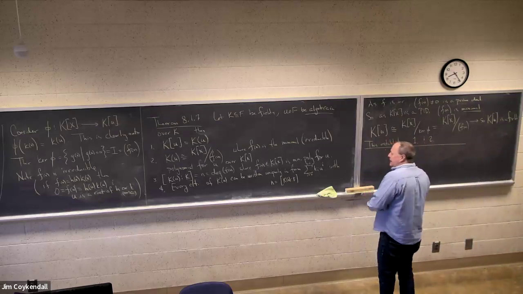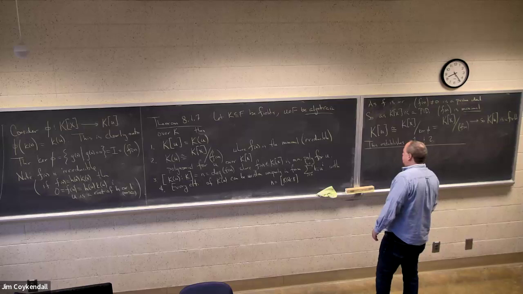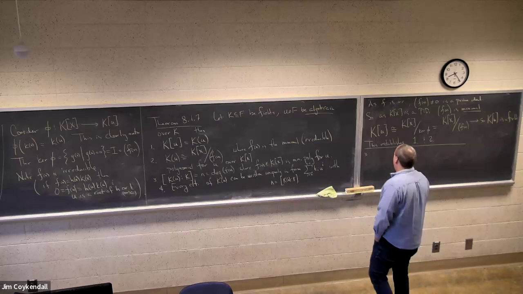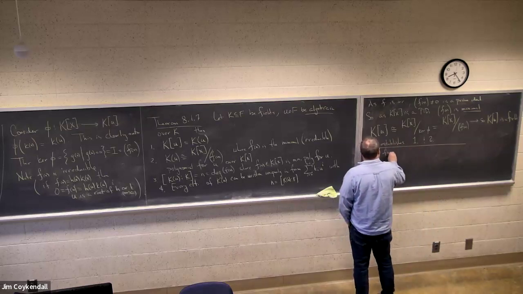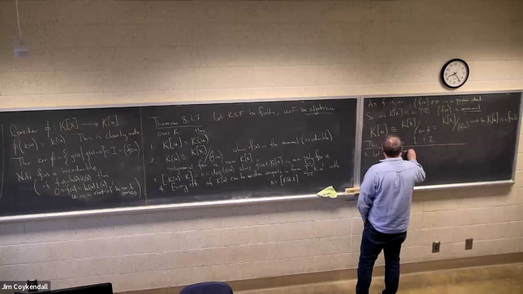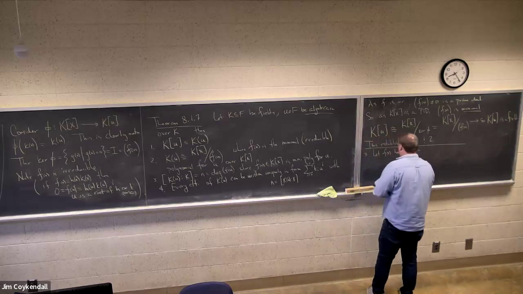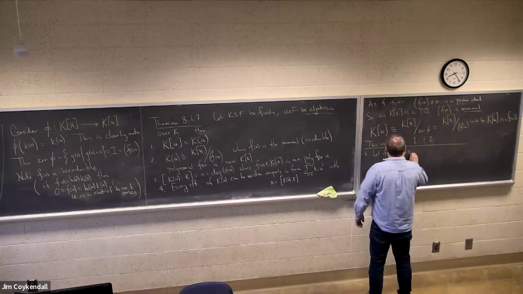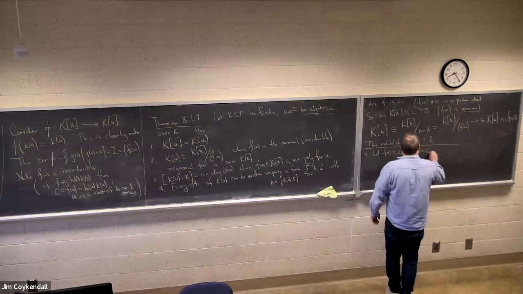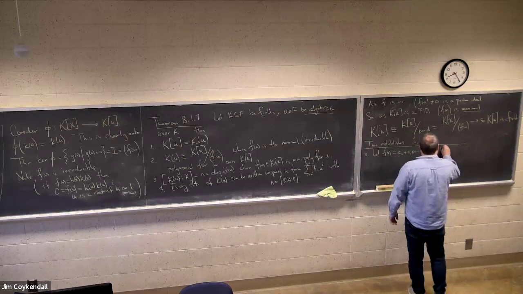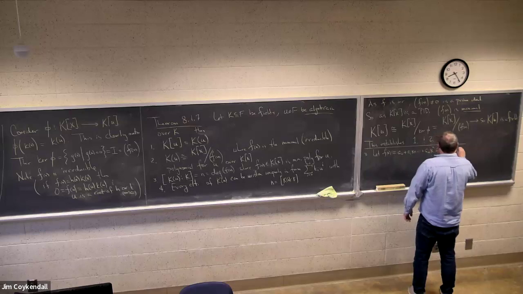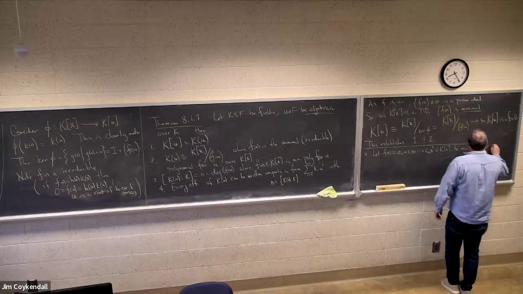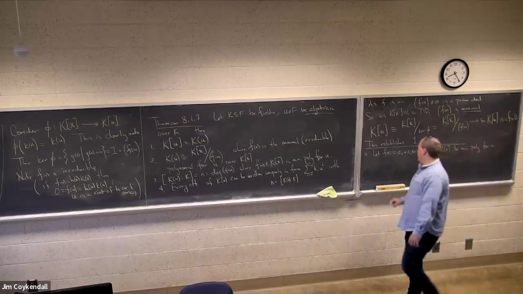So let f of x be the minimal polynomial. Well, let me be dramatic and write this out: a0 plus a1 x plus up to a n x to the n, and f of x the minimal polynomial for u.